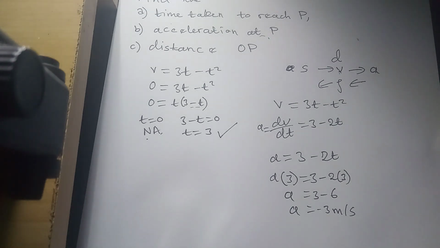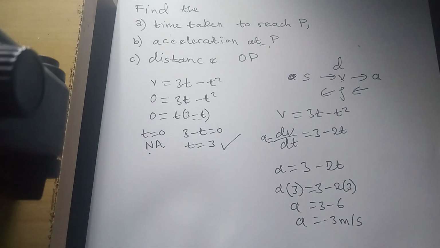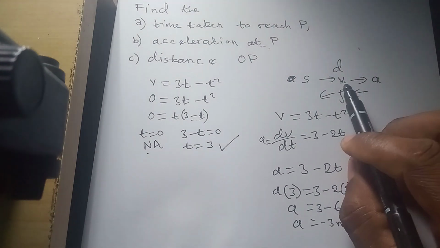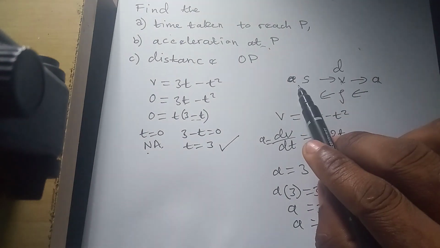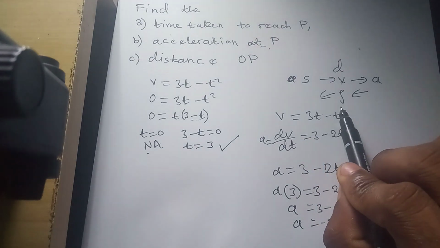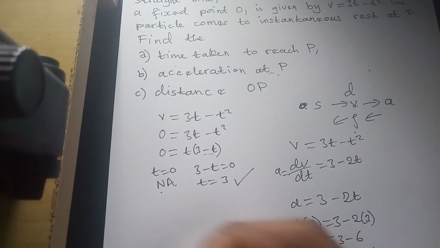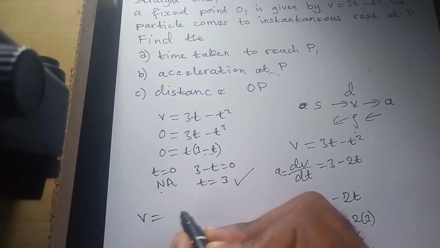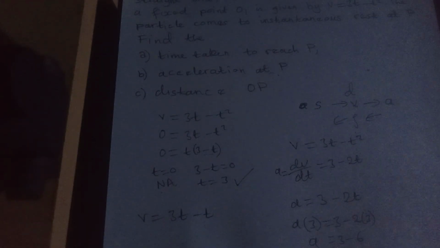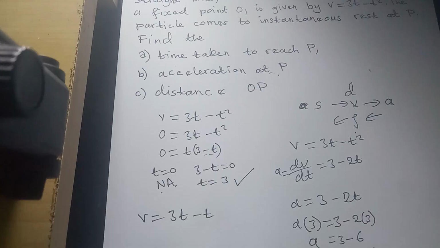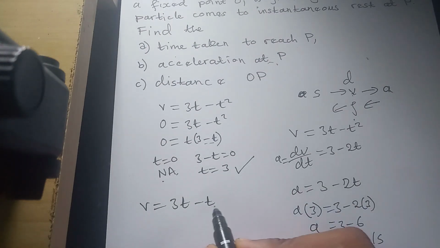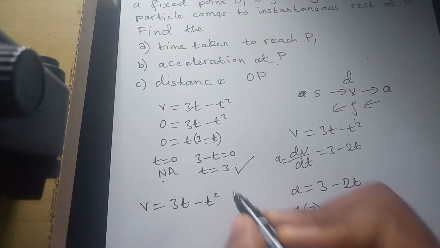And then finally we have the distance, OP. Find the distance OP. So we have the velocity function. To find the distance function, we have to integrate with respect to t. So our v is equal to 3t minus t squared.